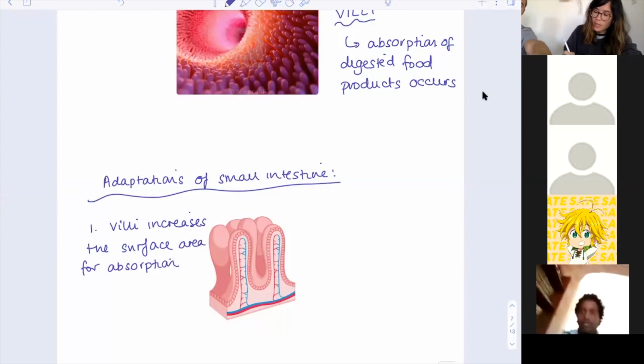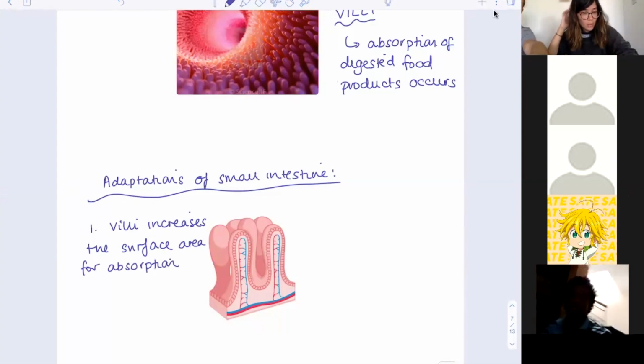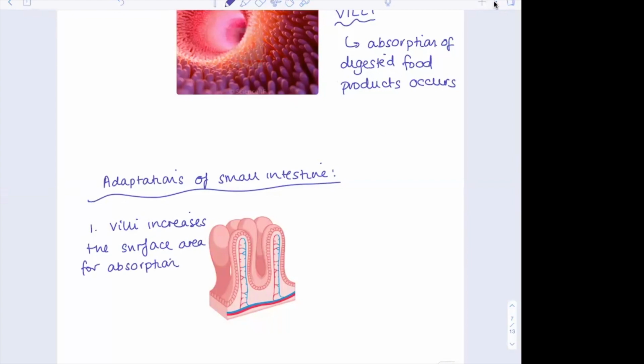There's also microvilli too, but this is enough for at least 1 to 2 marks. What else can we say? Well, we can see this little red line here. This is the presence of blood capillaries. So many blood capillaries ensure absorption takes place quickly.